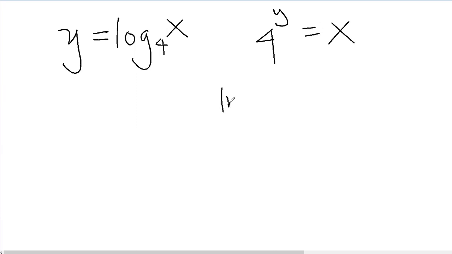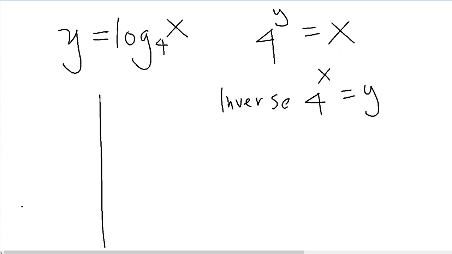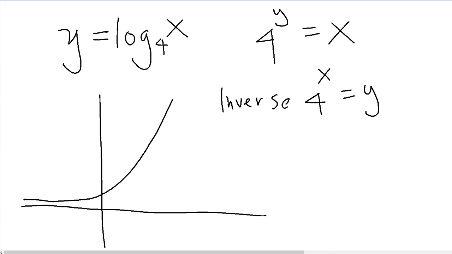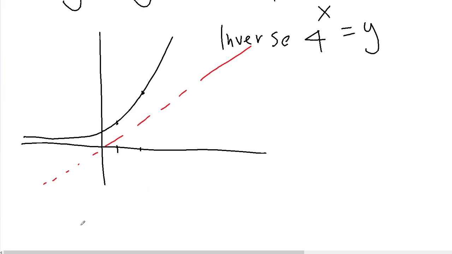Now the inverse of this would be switch x and y, 4 to the x equals y, and we know what that looks like because that's an exponential function like this. So our logarithmic function, which is the inverse of that, is going to be the reflection across this line, so it's going to look like that, right?